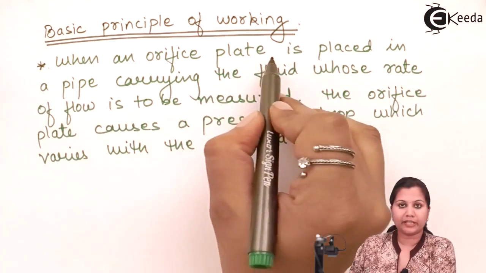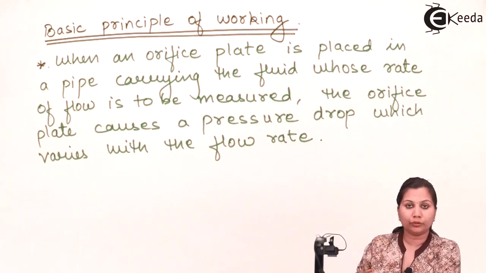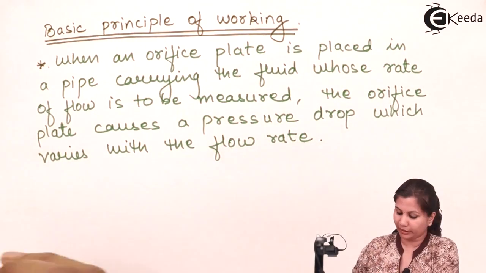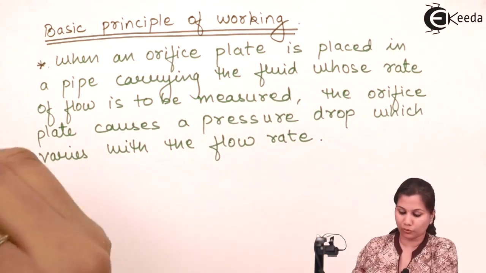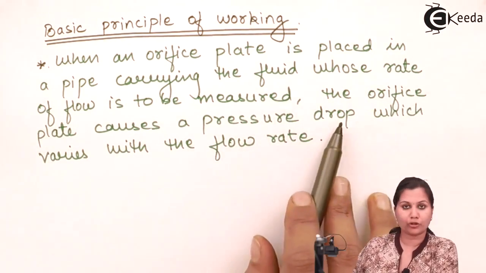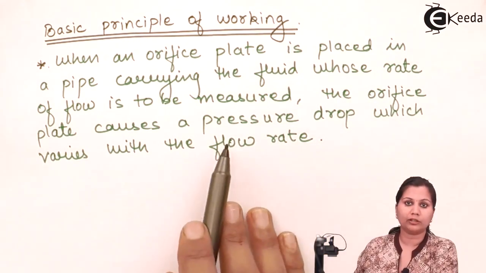When the orifice plate is placed in the pipe which is carrying the fluid whose rate of flow is to be measured, due to the presence of the orifice plate a pressure drop occurs, and this pressure drop varies with the flow rate.